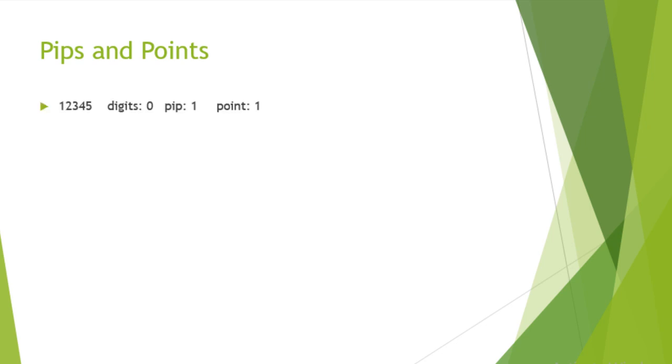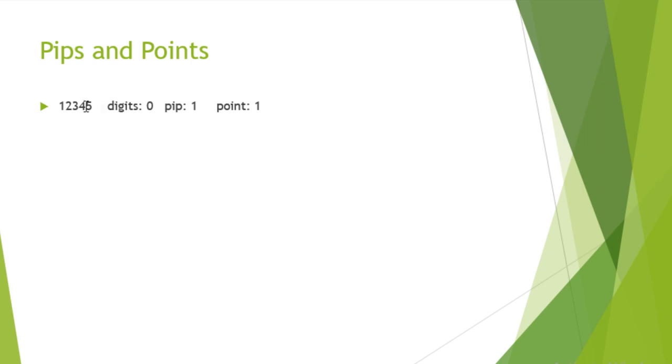Alright, so the first point is, what is the digit? If you have a price of 1, 2, 3, 4, 5, this means you have 0 digits. So let's say this is a stock, okay, and the price is 12,345, and there is nothing after that. There is no 0.05 or 0.5, nothing.